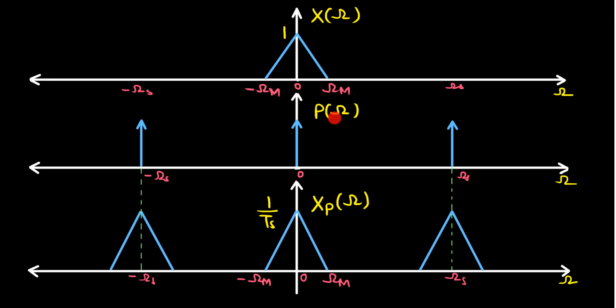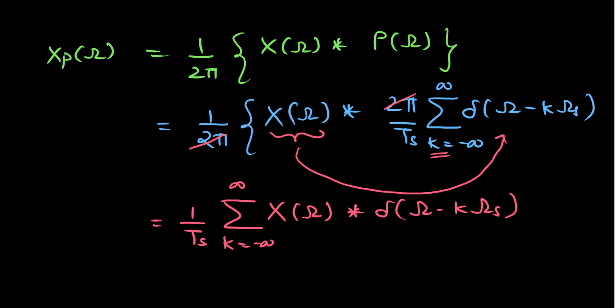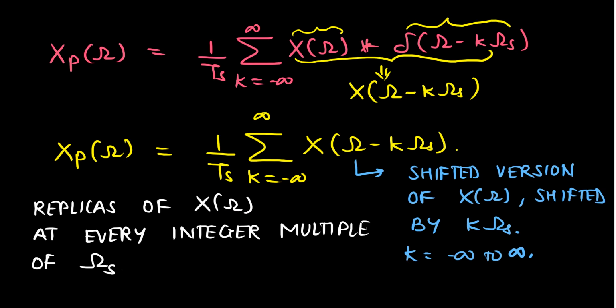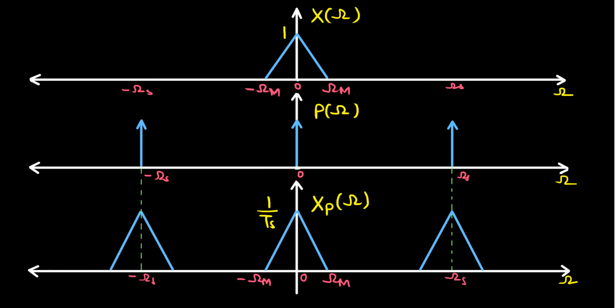Now this P of omega is basically the Fourier transform of the train of impulses, and we saw that the Fourier transform is given by this formula here, that is 2 pi by Ts summation k running from minus infinity to infinity delta of omega minus k times omega s. So basically these are the impulses located at every integer multiple of omega s with an area of 2 pi by Ts. So all these impulses have an area of 2 pi by Ts.